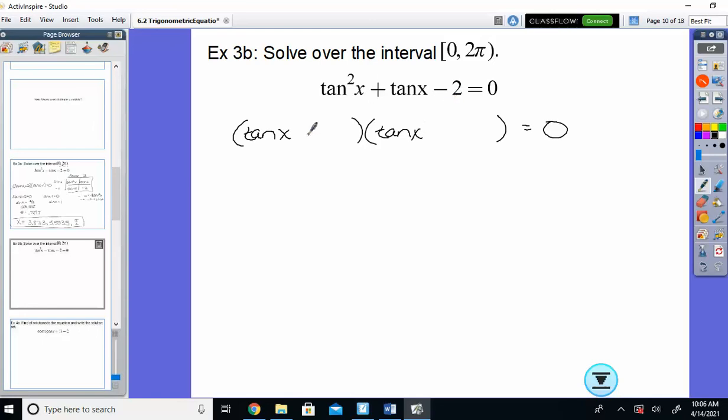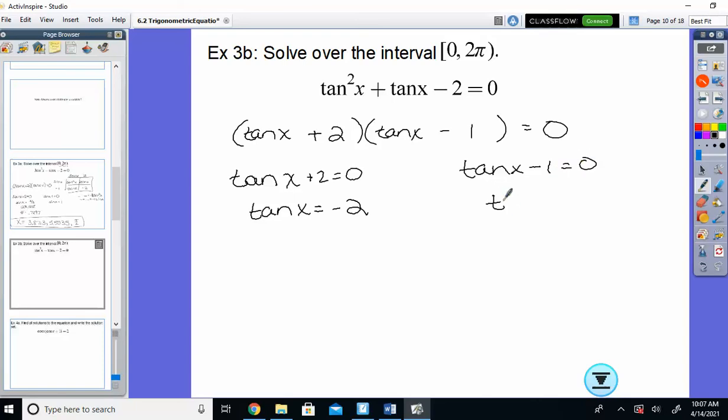Multiply to negative 2 and add to positive 1. So then if we set each of those equal to 0, okay, tangent x equals 2. Is that one we know from our circle? No. So quadrants. When is tangent positive?